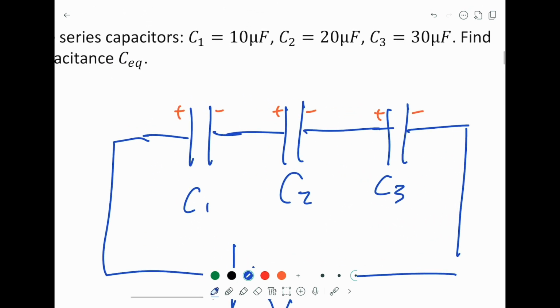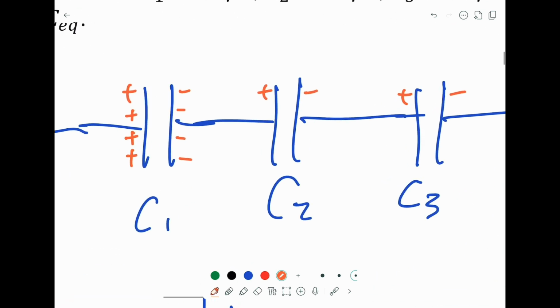Next, the charge. Now, assume you have 1, 2, 3, 4 positive charges. The opposite plate will also have 1, 2, 3, 4. And for C2, there's also 1, 2, 3, 4. The reason is that initially this must be neutral.